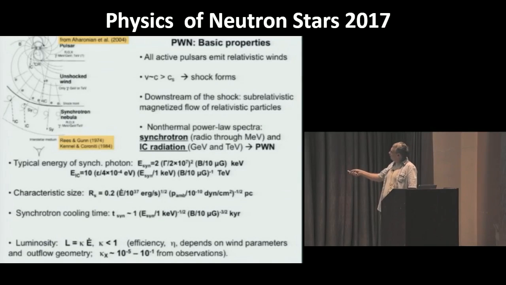If you plug in reasonable numbers, so this is a young pulsar, this is a typical pressure inside maybe a supernova remnant which is a few kiloyears old, then the expected size is a fraction of a parsec for this bubble. But it's really an order of magnitude estimate. It can be a factor of a few different, right?